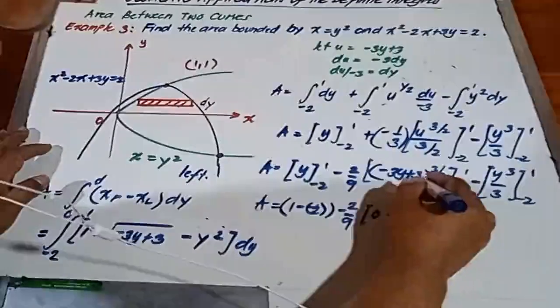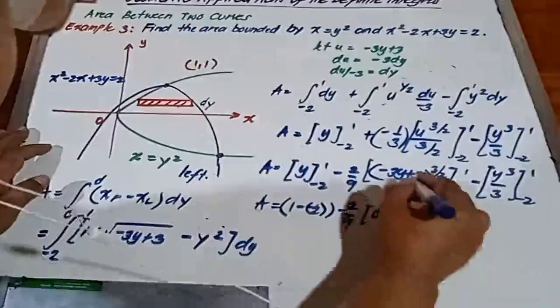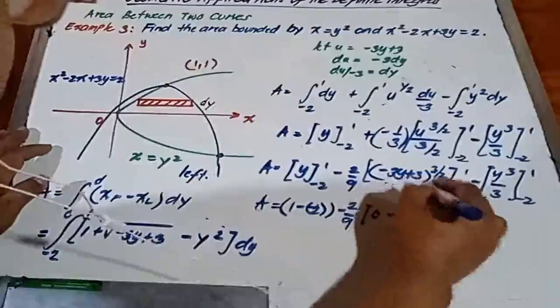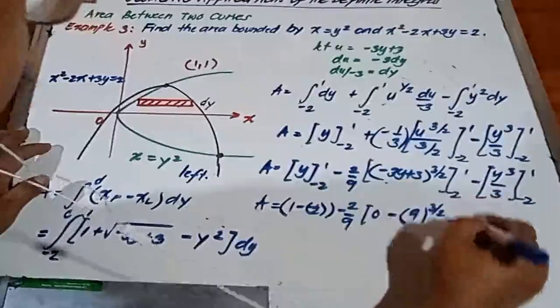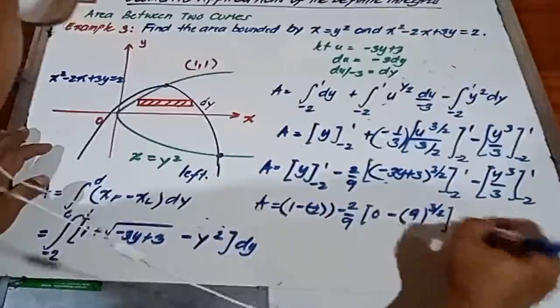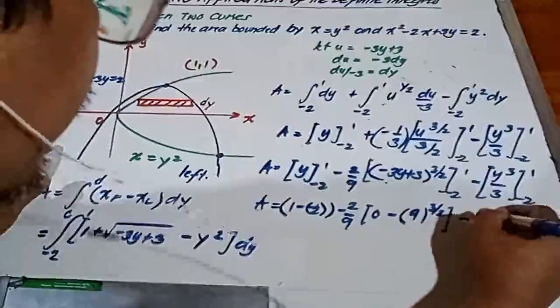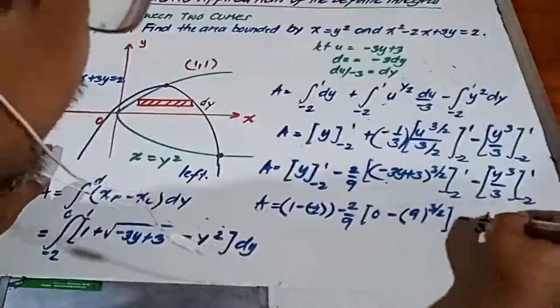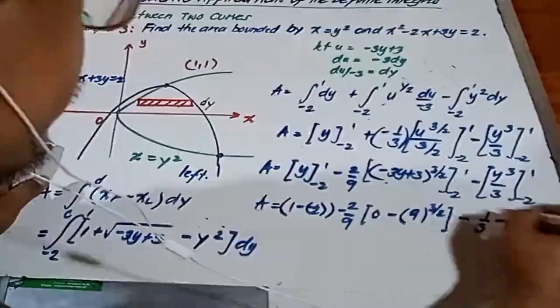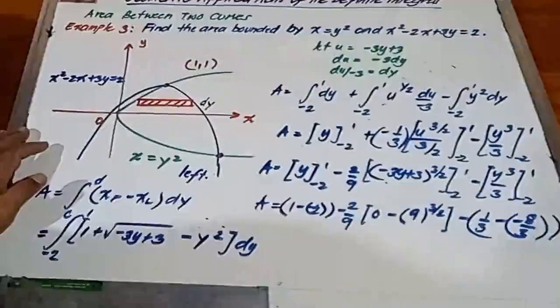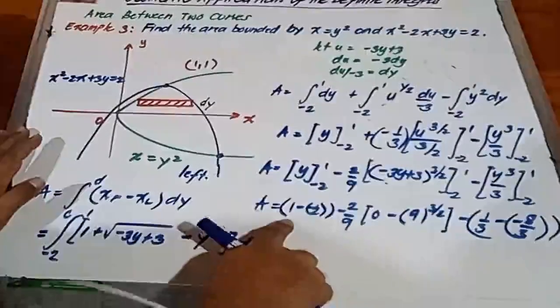So, that is 6 plus 3, so 9. Negative 3 times negative 2 is 6 plus 3, 9. 9 to the 3 halves. Okay. Yan. Minus 1/3 minus minus 8/3. Yan. Okay. So, 1 minus this.